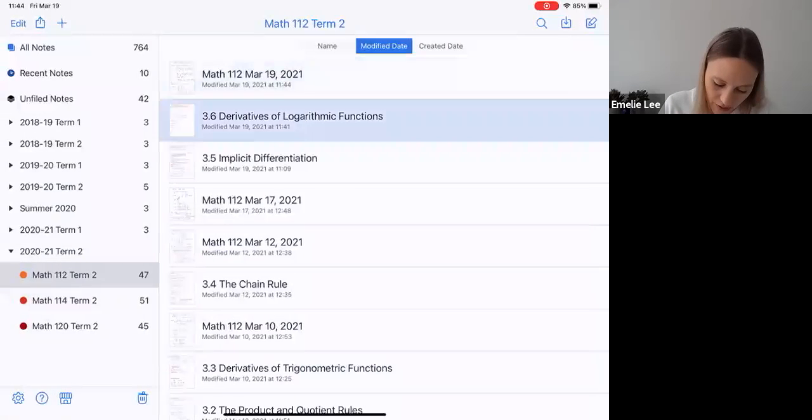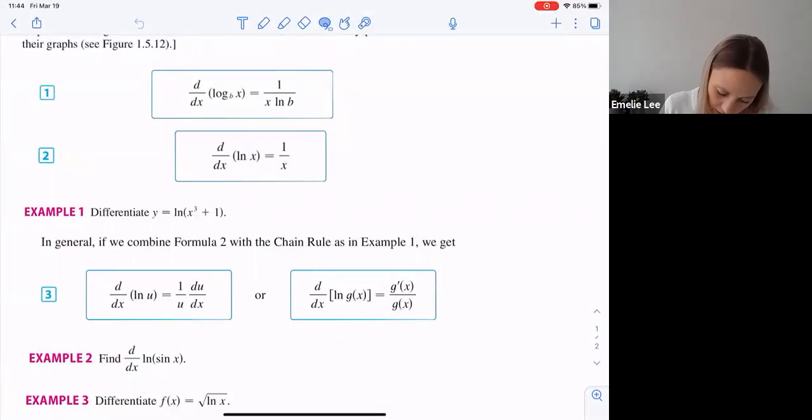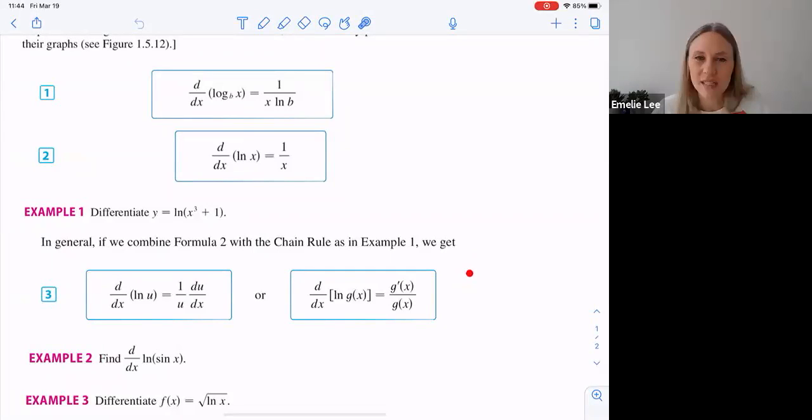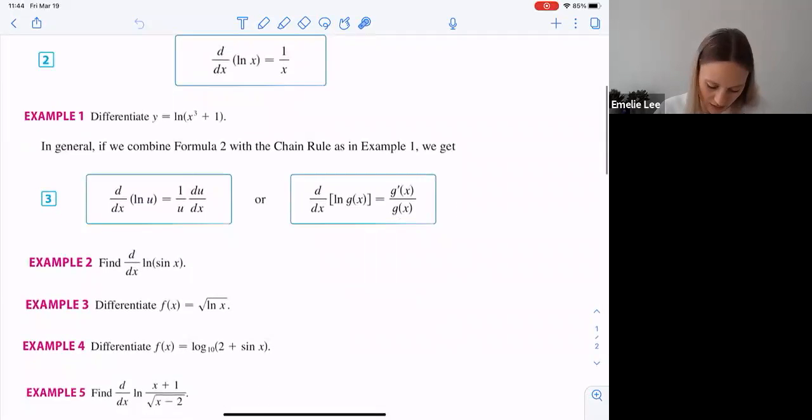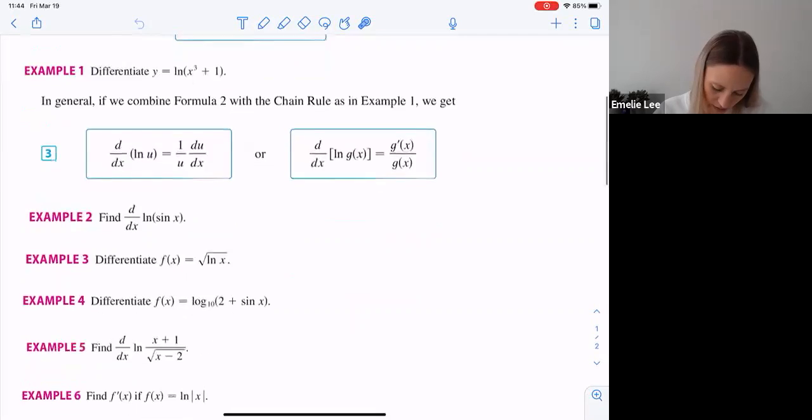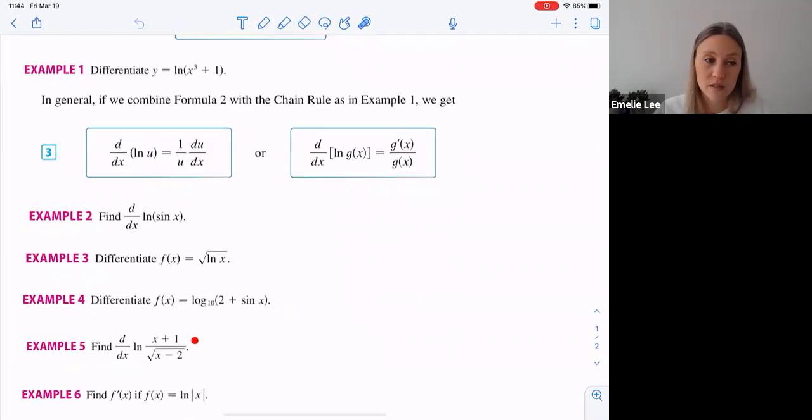There is a little blurb on the handout here, but I don't really want to bring it in because it's kind of a special case. I don't want you to get hung up on special cases. If you've got the chain rule, but we're going to do more weird things like example 5, for example.